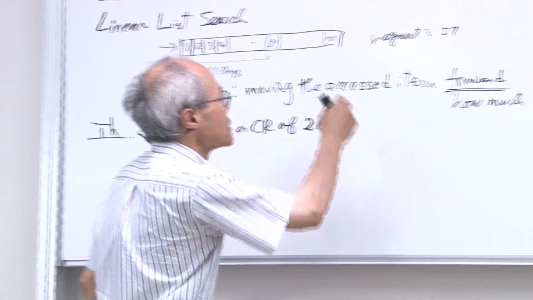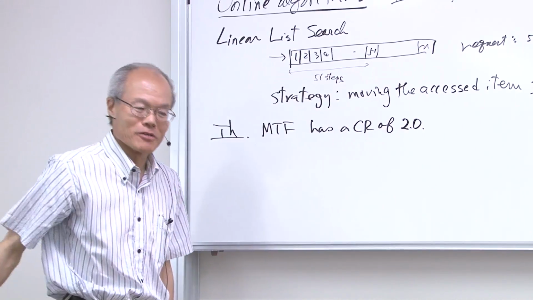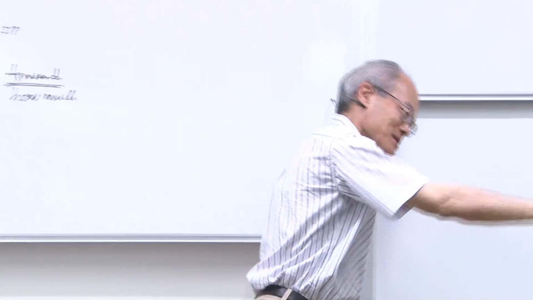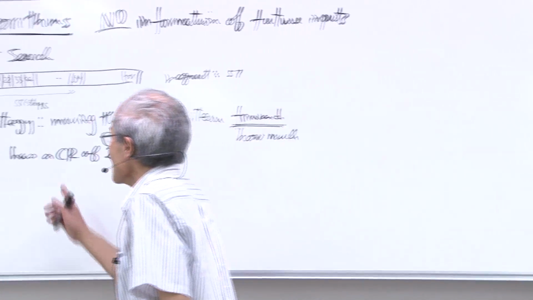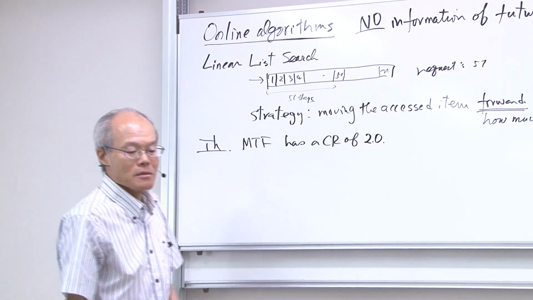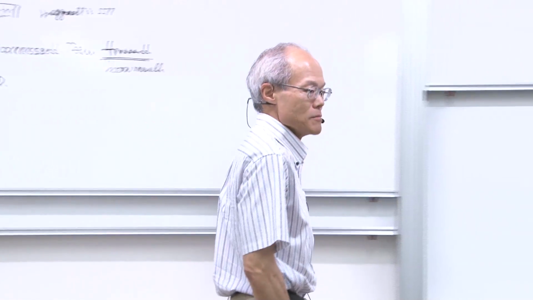You move the accessed item to the top, which is, of course, the maximum amount. And this has a competitive ratio of 2.0. So really amazing.